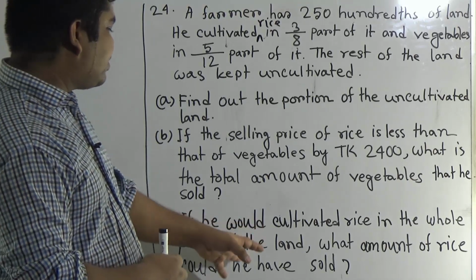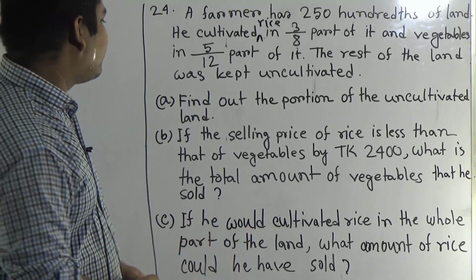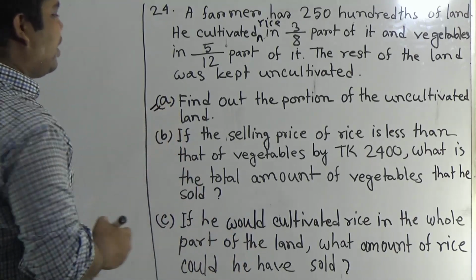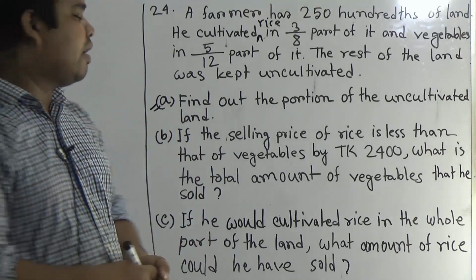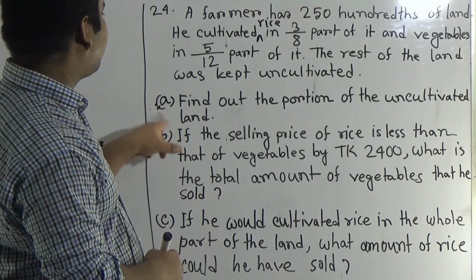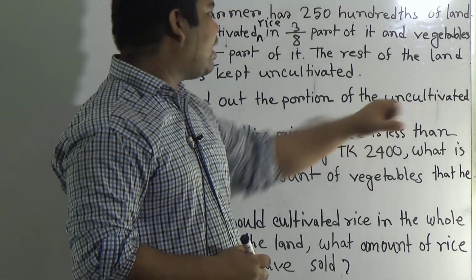So we use the unitary method here also, and then we get the answer. My dear students, when you do the solution, you can easily understand how to solve this math. So first of all, find out the portion of the uncultivated land.